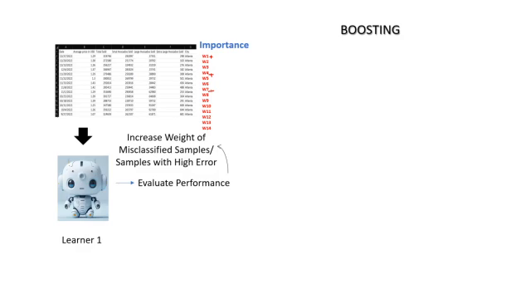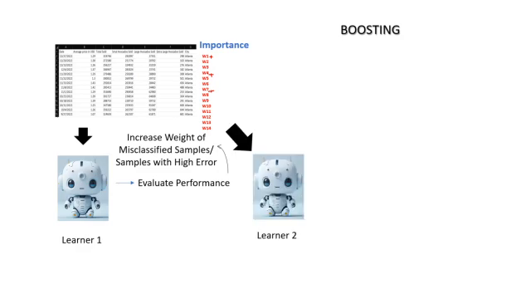After increasing the weights, you feed this entire data set to the second learner, and the same cycle continues. The learner is trained, the performance is evaluated, and again where it misclassifies or where the error is pretty high, the weights for those examples will be increased.